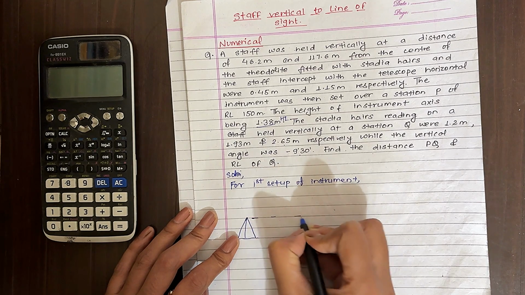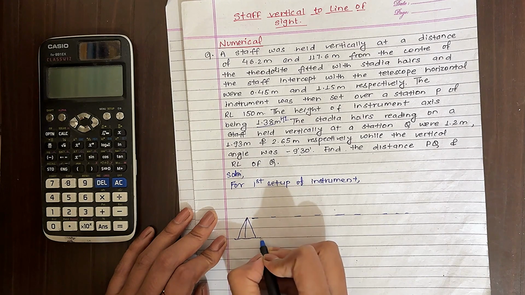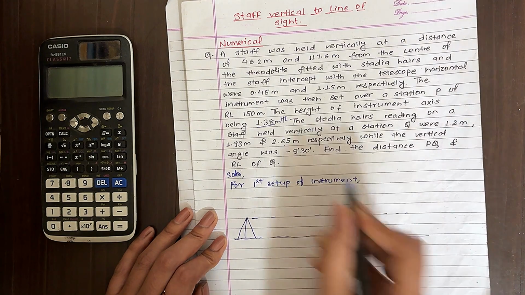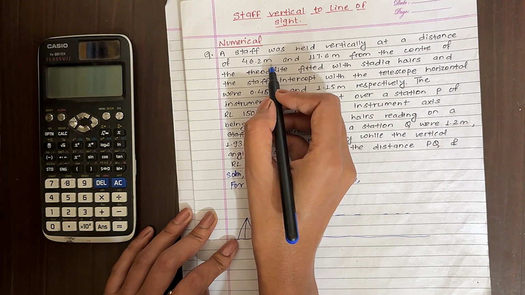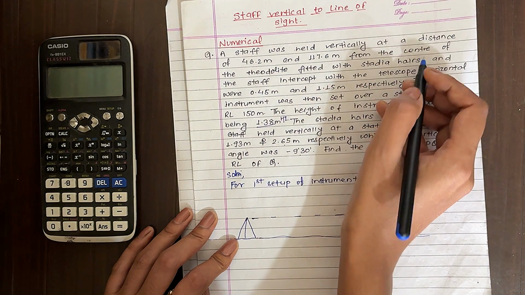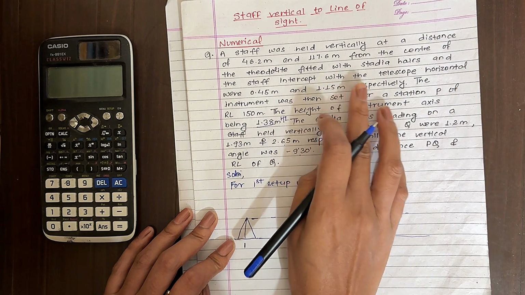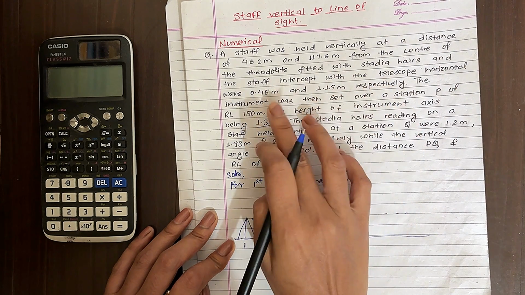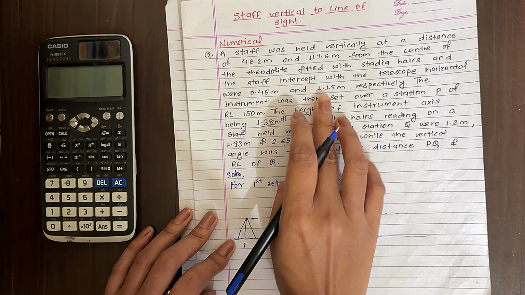This is the line of sight. A staff was held vertical at distances of 46.2 meter and 117.6 meter from the center of the theodolite, fitted with stadia hairs, and the staff intercepts with the telescope horizontal were 0.45 meter and 1.15 meter respectively.